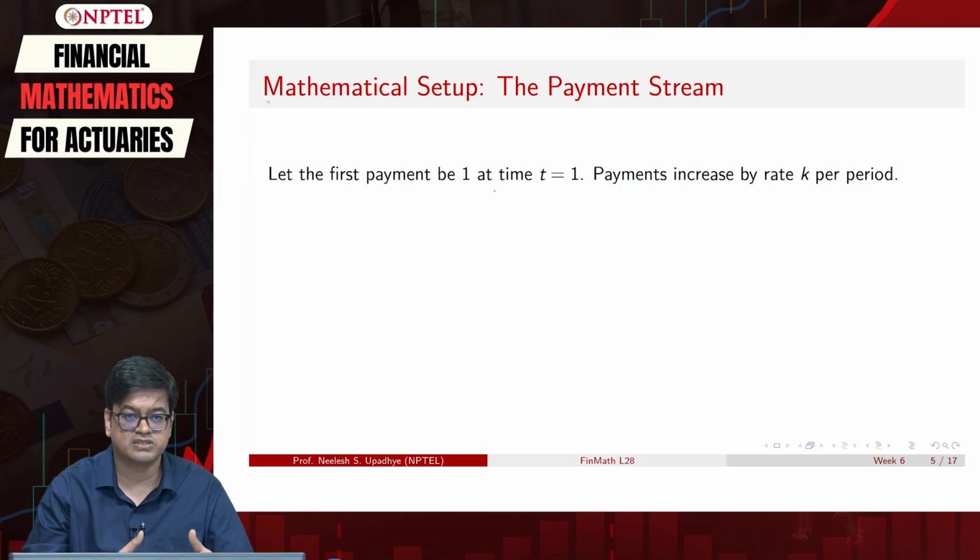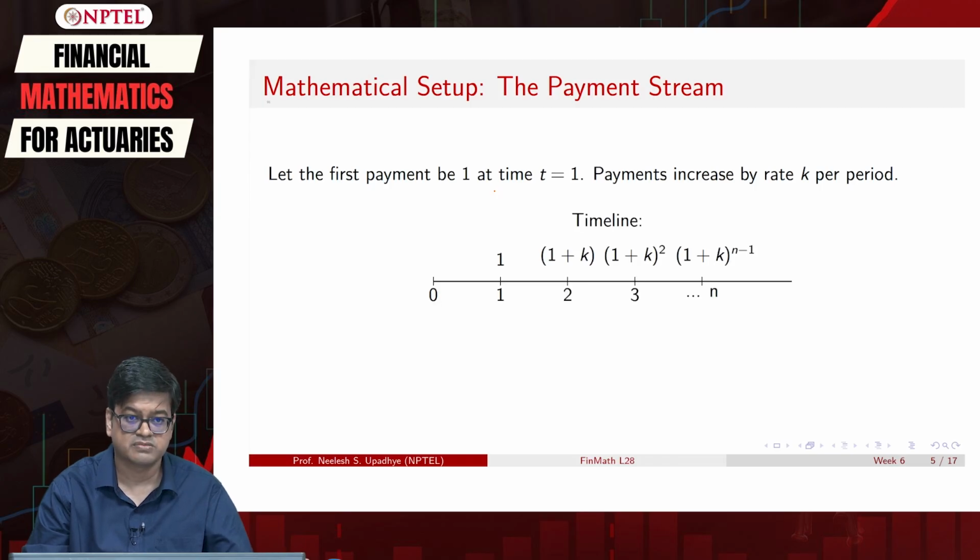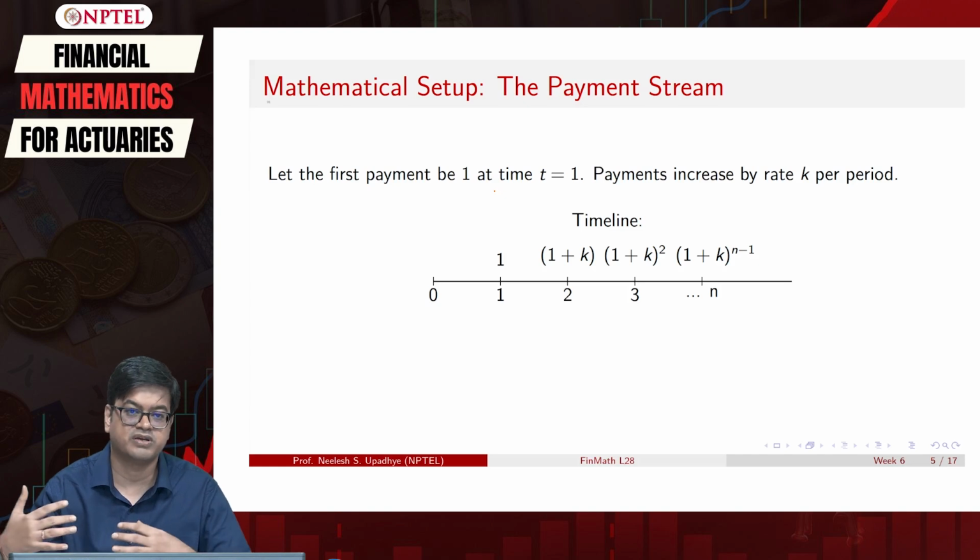If the first payment is 1, then the next payment will be 1 plus k. Then the next payment will take a factor of k as the increase on 1 plus k, and the payment after that will become (1 plus k) squared. This is our standard compounding logic.